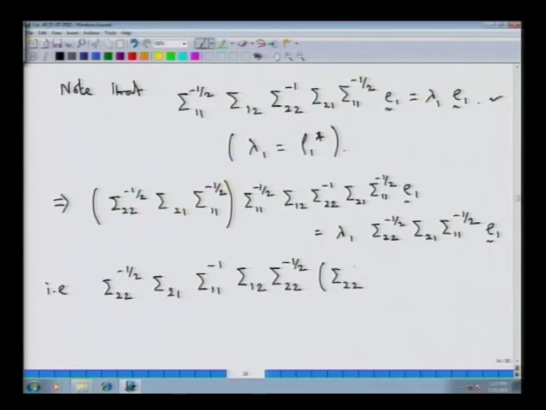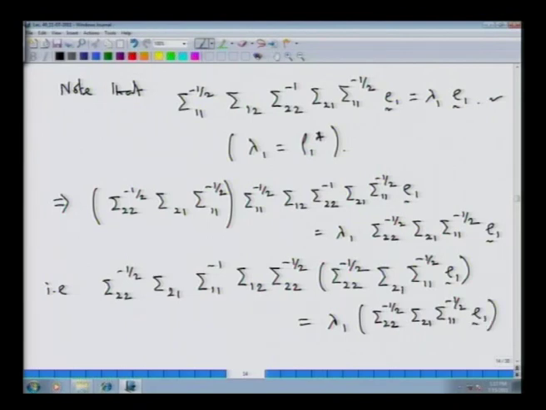So, this has still a sigma 22 to the power minus half times sigma 21 sigma 11 to the power minus half times this E1, that equal to lambda 1 or rho 1 star times sigma 22 to the power minus half, sigma 21 sigma 11 to the power minus half times E1.